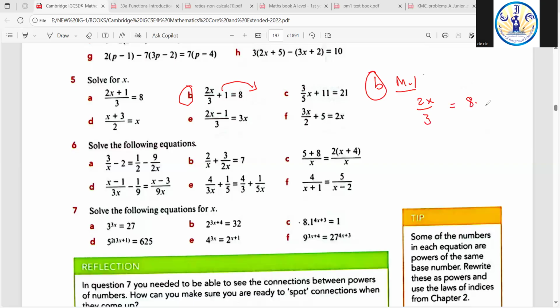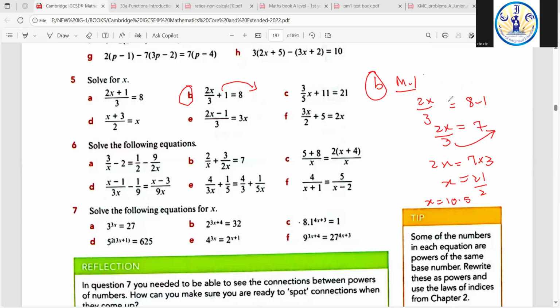It will be 8 minus 1. So this is 7. And now I have got a single fraction on the left hand side. Now I can solve it as we did the previous part. 7 times 3, that is 21. And now I can shift this 2 to the other side so that the answer is 10.5.